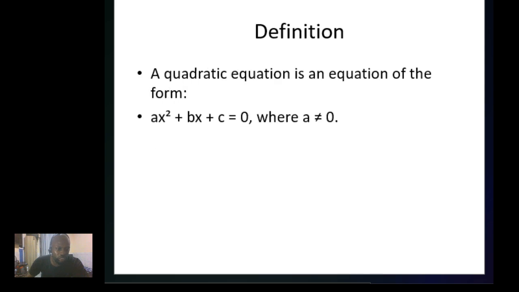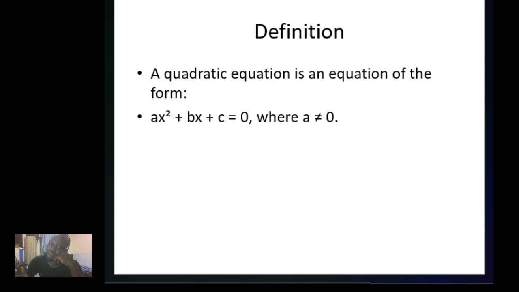So let's check here to understand the definition of a quadratic equation. A quadratic equation is an equation of this form. It's also a polynomial, a polynomial with the highest degree of 2, where the variable is raised to the power of 2.